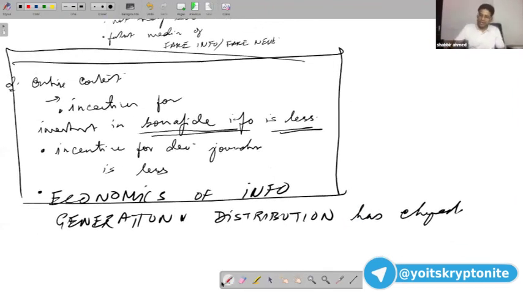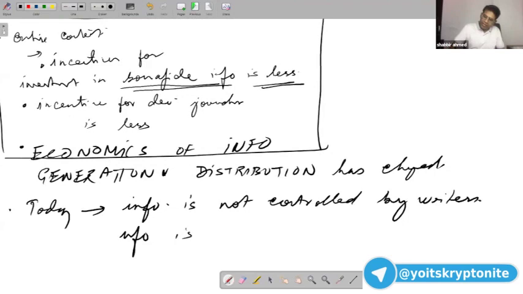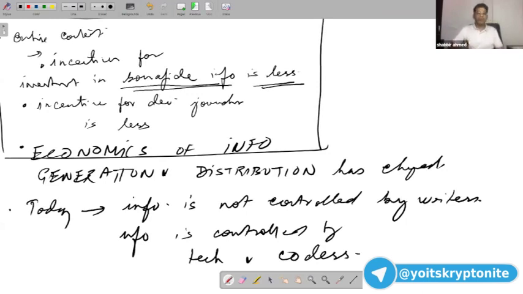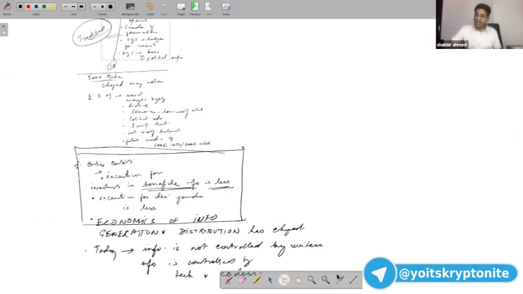Today, a very important point: information is not controlled by writers. Information is controlled by technology and coders. Those who control information are not bona fide writers anymore.